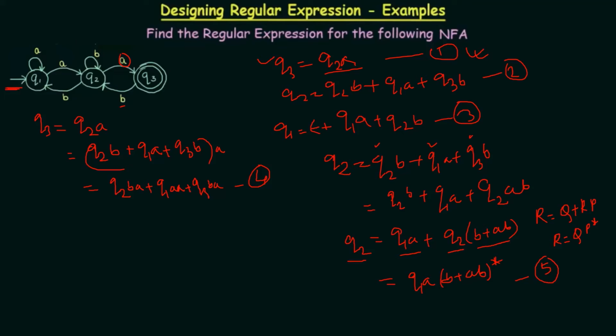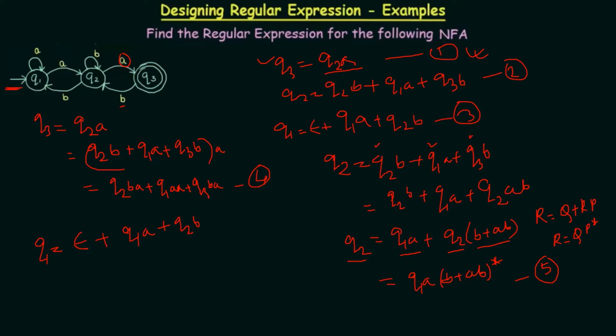Now we have to take equation number 1. Equation number 1 was Q1 equals epsilon plus Q1A plus Q2B.